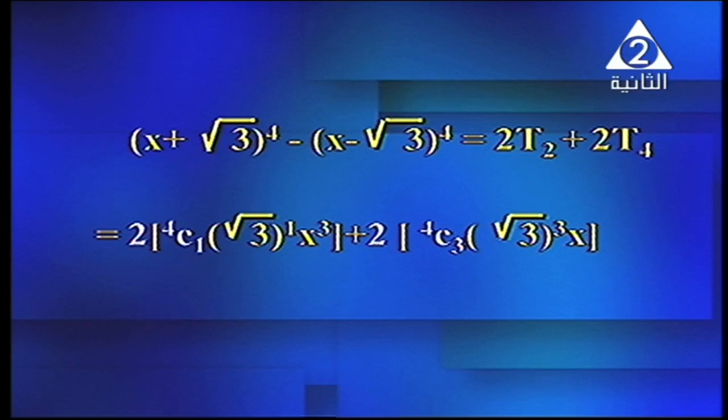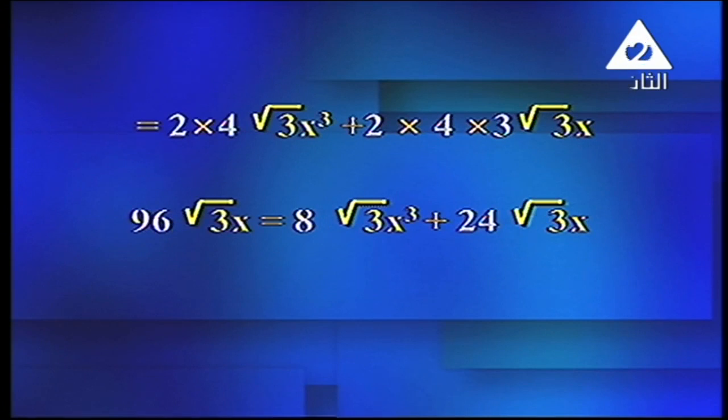We take 2 as a common factor. t2 equals 4C1 (√3)^1 x^3, plus t4 multiplied by 2, where t4 equals 4C3 (√3)^3 x^1. It equals 2 times 4√3 x^3 + 2 times 4 times 3√3 x.